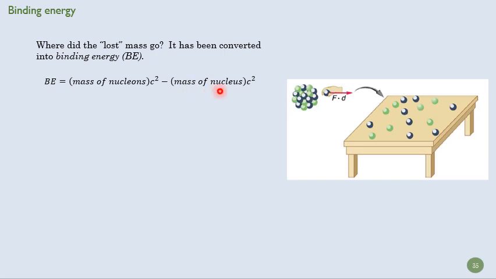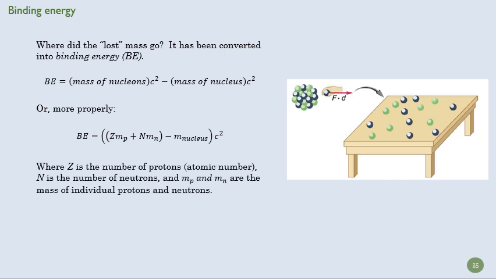So we have less mass in the nucleus, and that difference there, the difference in mass times c squared, is our binding energy. And we can write that here, where this is our number of protons times the mass of protons. This is our neutrons times the mass of neutrons.